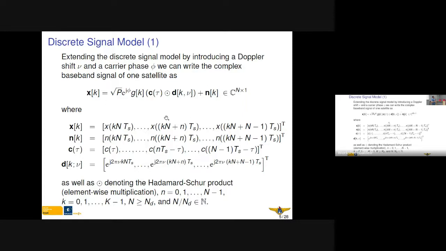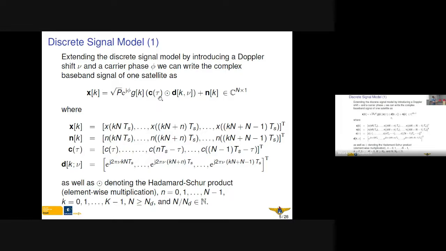So we return to our vector-based signal model, and now we have, instead of all the other parameters that we already knew from before, like the power, we have now also a phase, a carrier phase. We have the navigation message. Still have our code sequence delayed by tau. And this is now here the Hadamard-Schur product, the element by element wise multiplication.